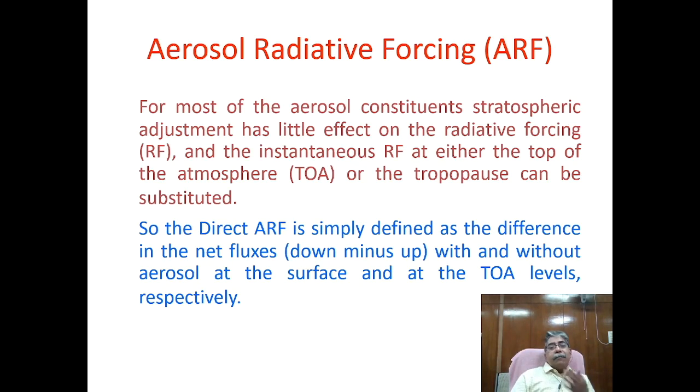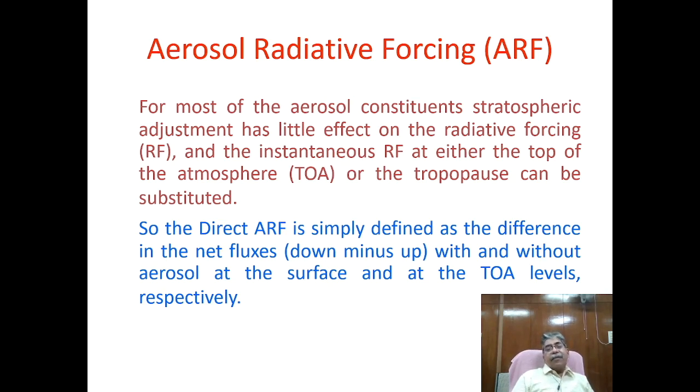Now, coming to the aerosols, these radiative forcings are then called the aerosol radiative forcing, which is in this case mainly the difference in net flux, solar flux, or particularly the shortwave flux if it is in the range of shortwave. So it is the net flux, which is down minus up, measured with and without aerosols at any level in the atmosphere.